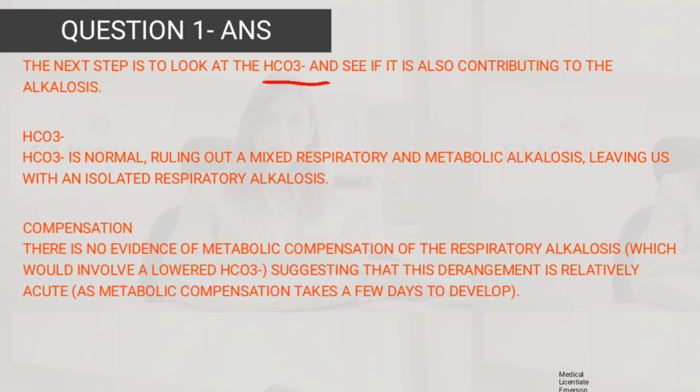So in terms of compensation, there is no evidence of metabolic compensation of the respiratory alkalosis, which would involve a lowered bicarbonate, suggesting that this derangement is relatively acute, as metabolic compensation takes a few days to develop.